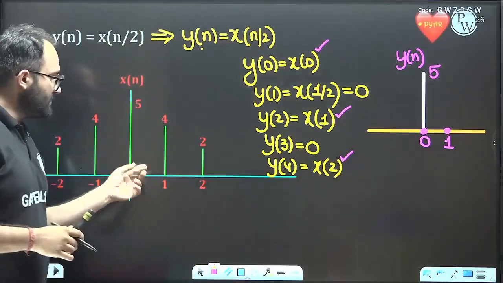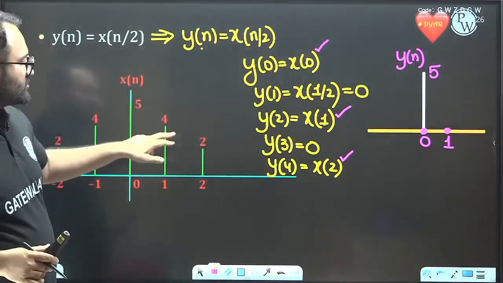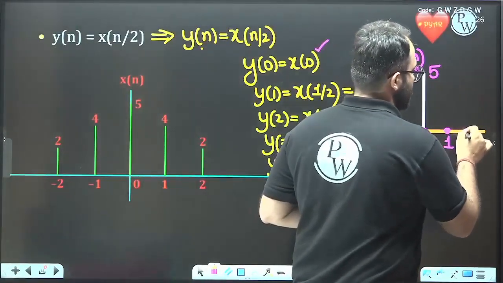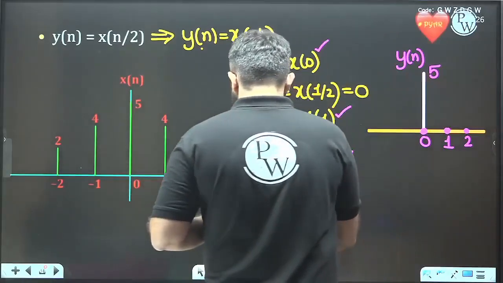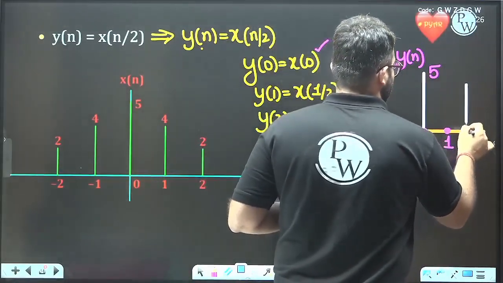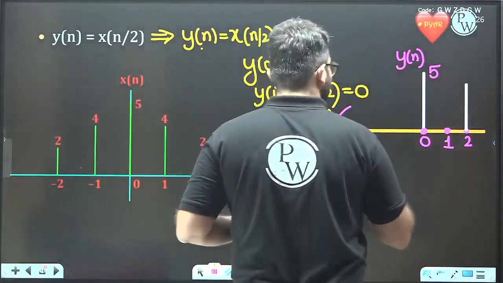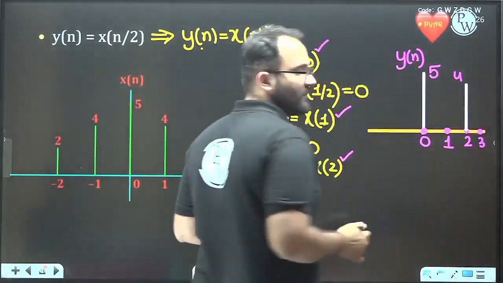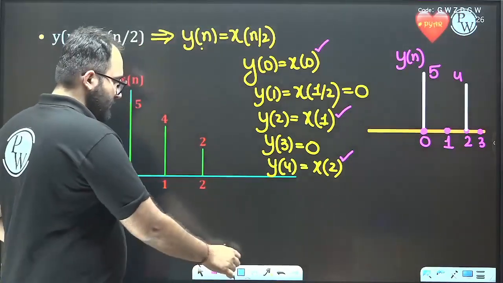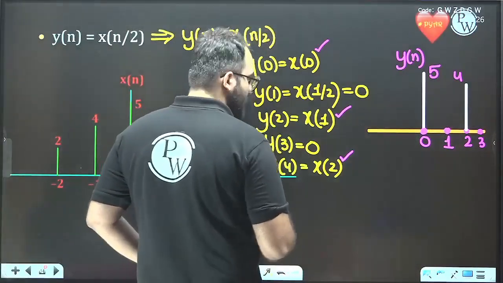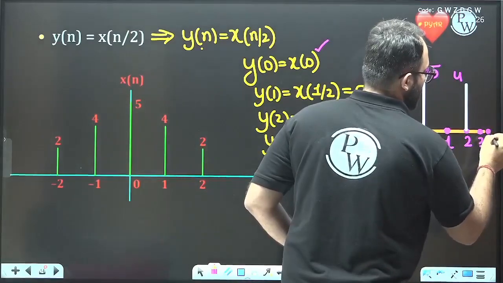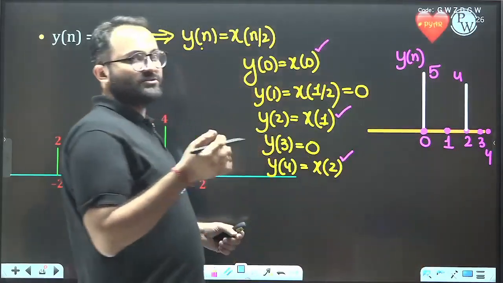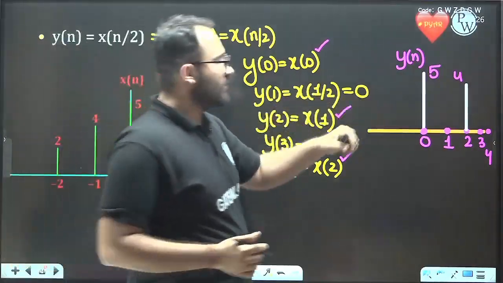Now y2 is equal to x1, so at the 2 location we have the value of x1, which is 4. Then y3 is equal to 0. Then y4 is equal to x2, so 2 goes to the 4 location.